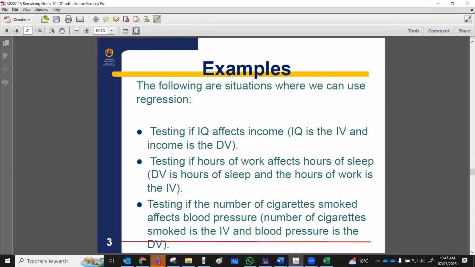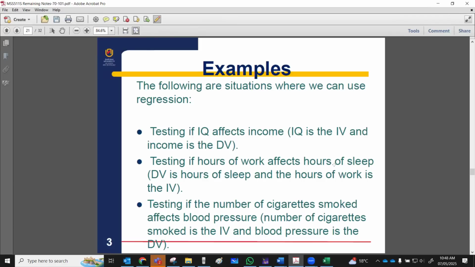So I don't want to do too much of the reading that you can do on your own. Here are some examples where you can use regression. You want to test if IQ affects income. Is there a relationship between IQ and income, that the higher your IQ, the more your income will be? Then testing if hours of work affects hours of sleep.